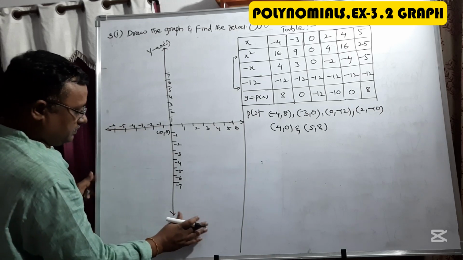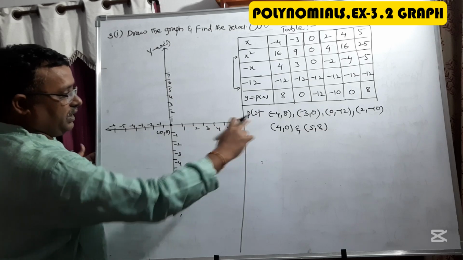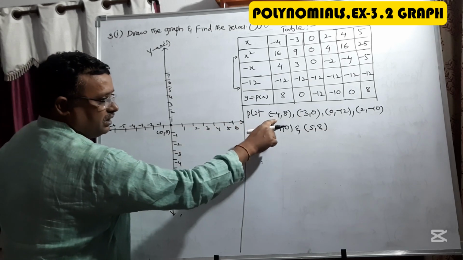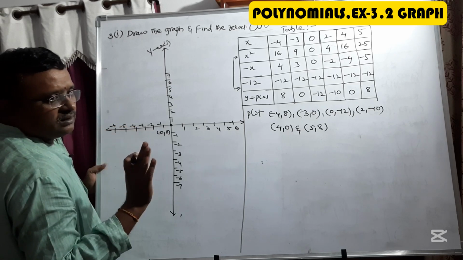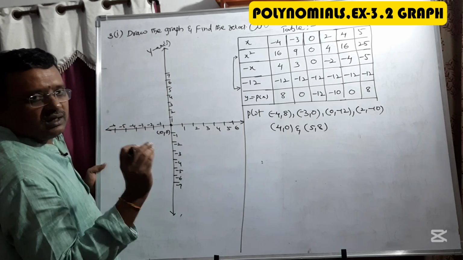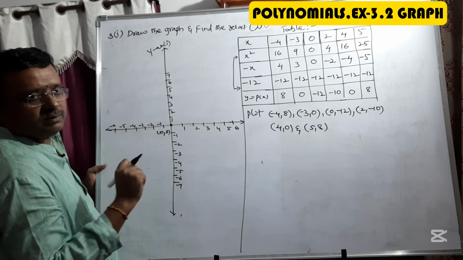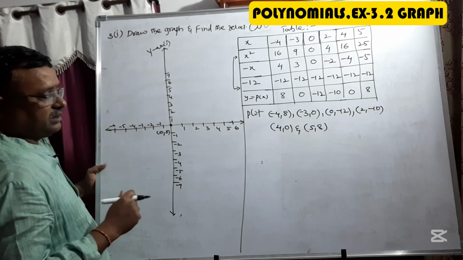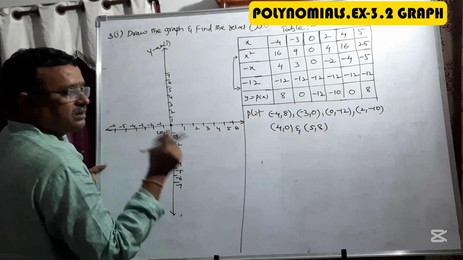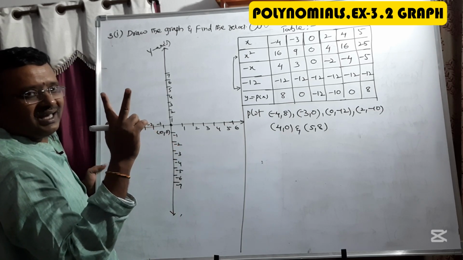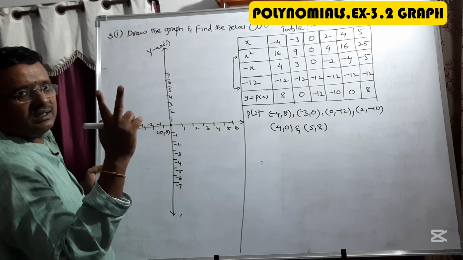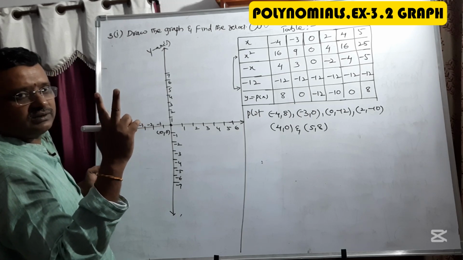According to our requirement we have to enlarge or change the graph. Now plot the points, everyone. What is the first point? Ordered pair -4, 8. To plot any point, you remember this concept. It is helpful for the Cartesian system also, coordinate geometry also. To plot any point, you start from the origin only. Two steps will be there, x coordinate, y coordinate, x axis value, y axis value.